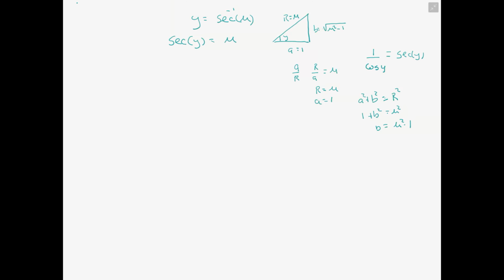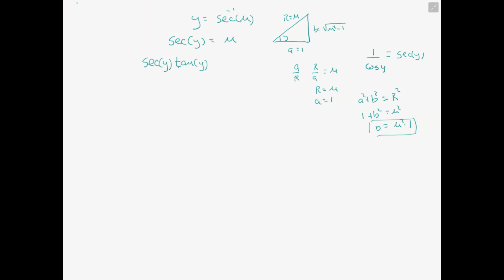So it's a good idea to work through all these things carefully and check yourself. So b is the square root of u squared minus 1, because we worked it through. r is u, a is 1, a squared plus b squared is r squared, and we substituted in. So yep, this is it.